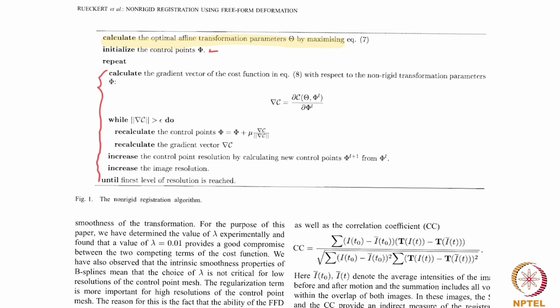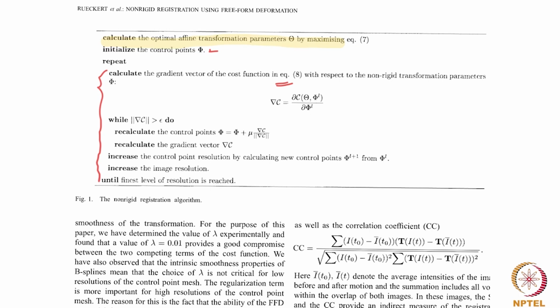Then you calculate the gradient vector of the loss function. The loss function they are talking about here is equation 8. Please look up the paper. Equation 8 is nothing but your smoothness term imposed on the free-form deformation plus the mutual information.